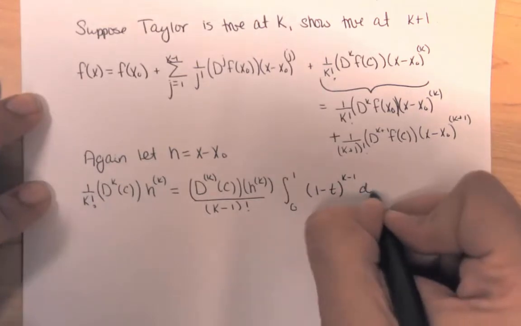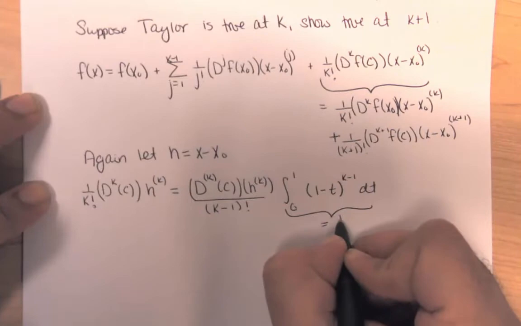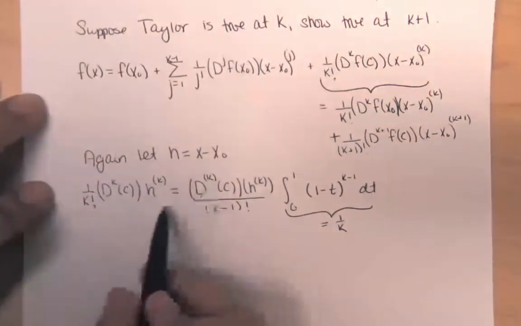In fact, this is equal to 1 over k, which is why I get equality here.